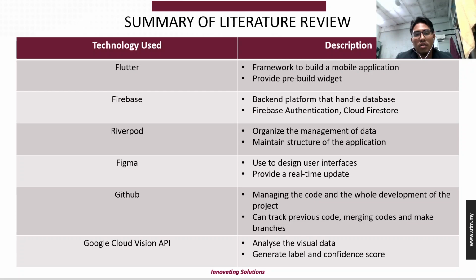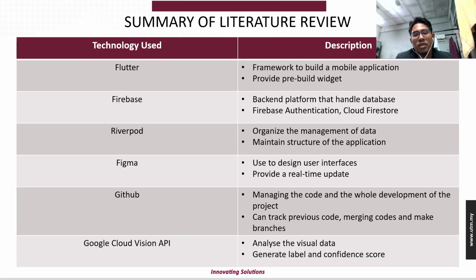These are the technologies that we use to develop the mobile application. The first one is Flutter, which is basically a framework used to build a mobile application, and the developer can also use it to make an attractive interface using its pre-built widgets.